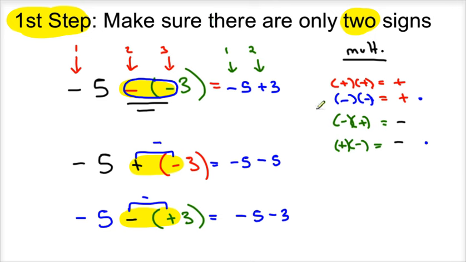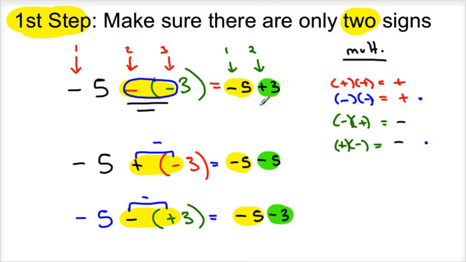Now that we only have 2 signs, each one of these signs belongs to the number. So this negative belongs to the 5, this negative belongs to the 5, and this negative belongs to the 5. The sign to the left of the number belongs to that number. This is a positive 3. This is a -5. This is a -3. What that allows me to do is change the order of these.